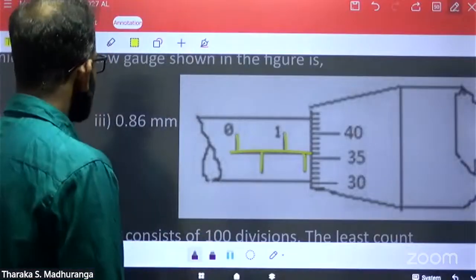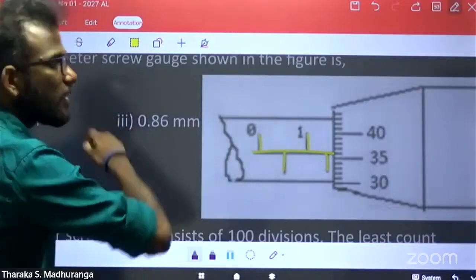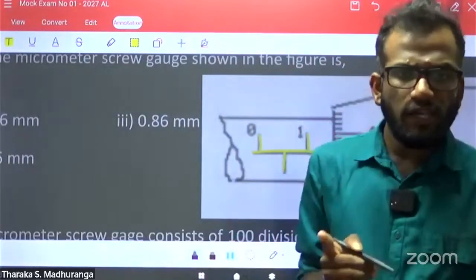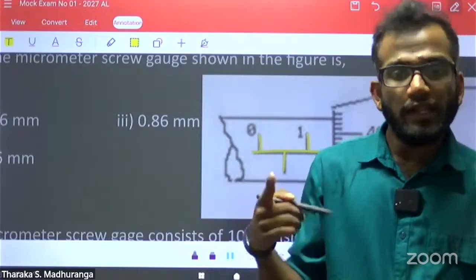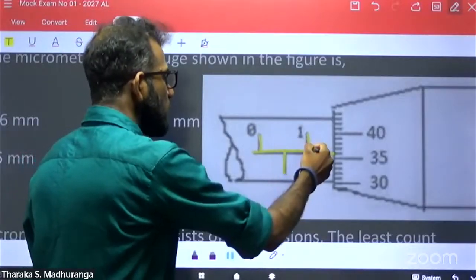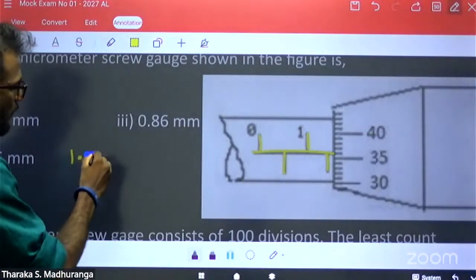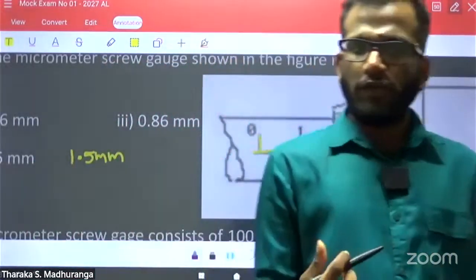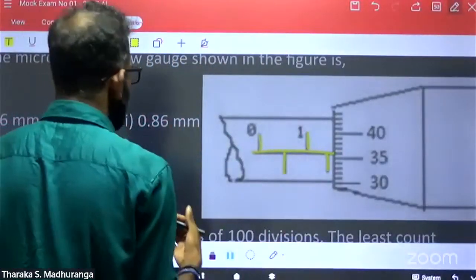Then what are the steps? To get the reading using a micrometer screw gauge, first of all, get the linear scale value. It is the final value you can observe in the linear scale. This is 0, this one 0.5, this is 1, then 1.5 millimeter is the value finally visible in the linear scale. Linear scale value.